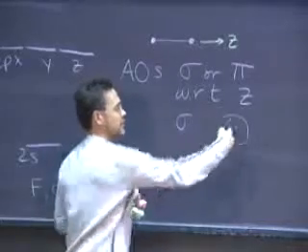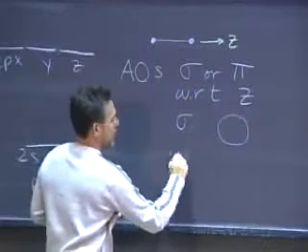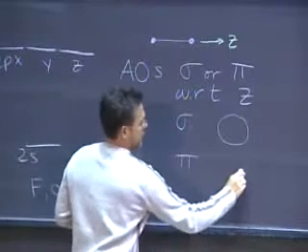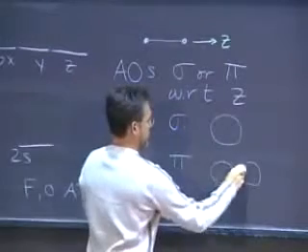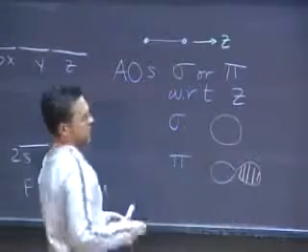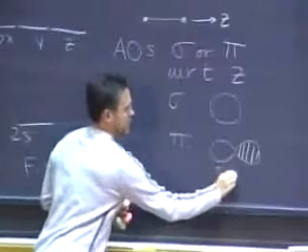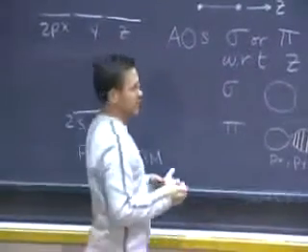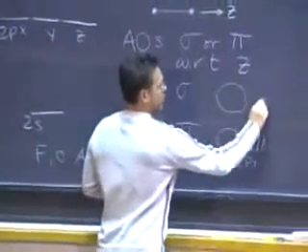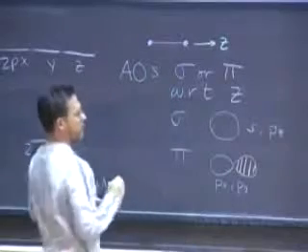They would look the same if you're viewing right down z. Okay? And then pi, viewing down z, it would look like this. Okay? And that would be a px or a py orbital perpendicular to the z-axis. And this would be an s orbital or a pz orbital.